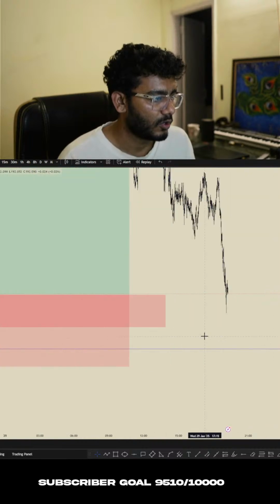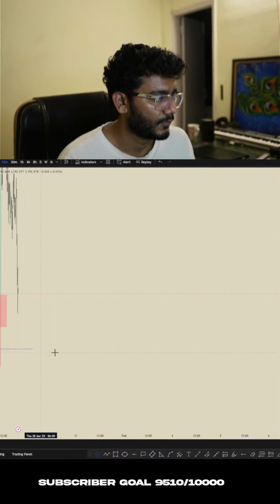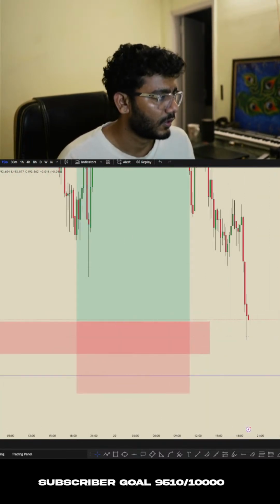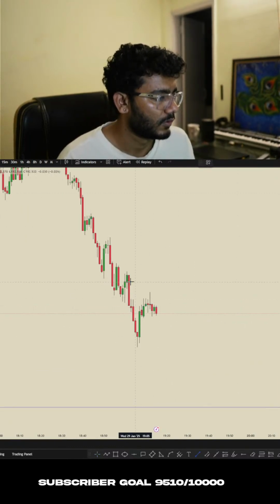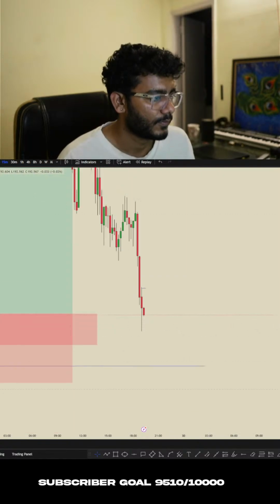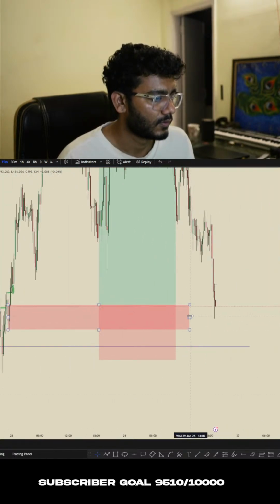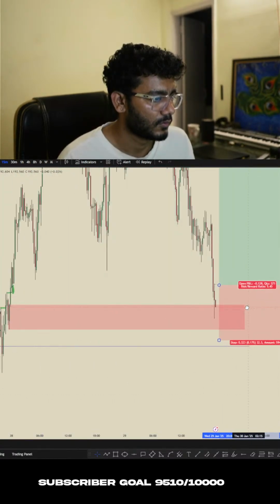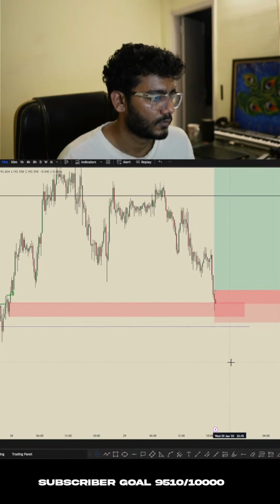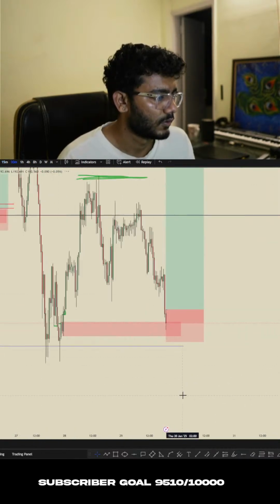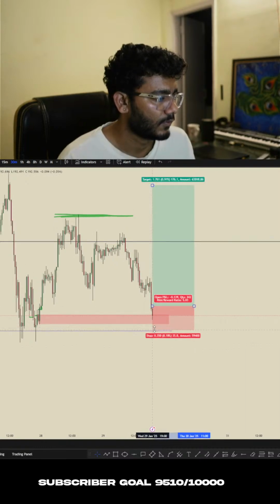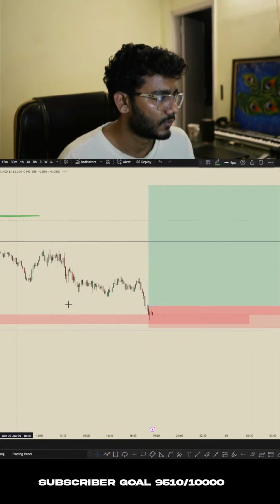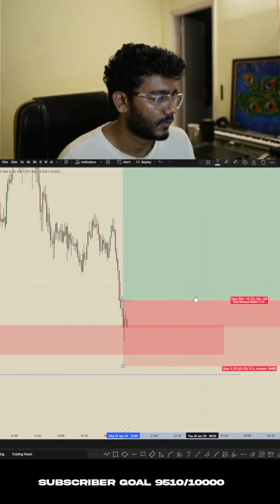So price has tapped our order block. We can look for a buy side entry here. Let's wait for price to break this high. Then we can look for entry. Something like this. Price has not created liquidity yet, but put a bigger stop loss.